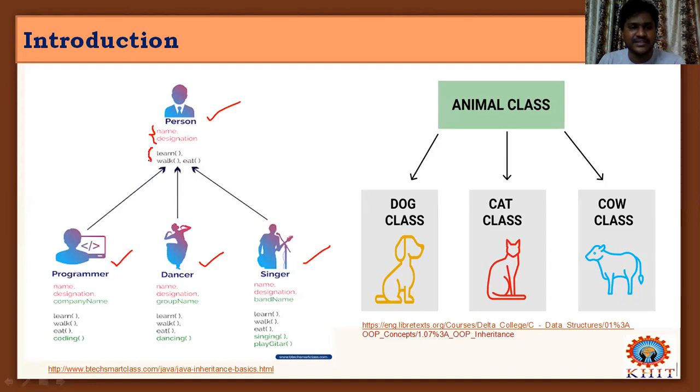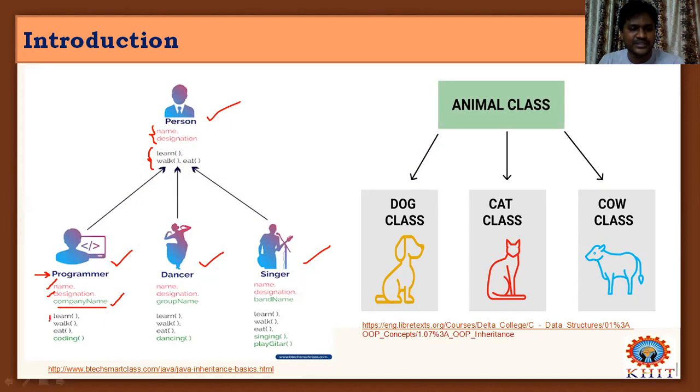And the methods of this base class person are learn, walk, eat. As a subclass, the programmer has rights to access the members of this class, name and designation. As a programmer, he has his name and designation, and it can add its own member variable like company name, where he is actually working as a programmer.